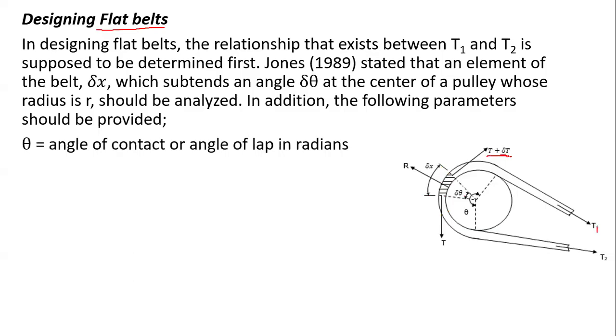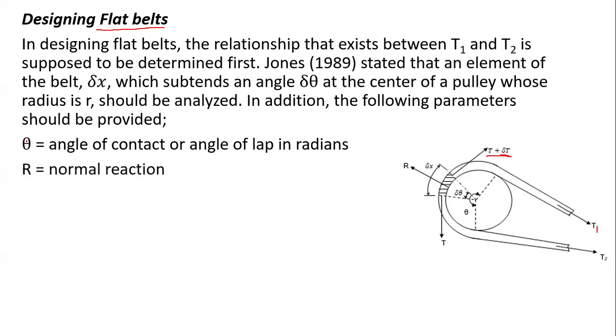So then what are the parameters we're dealing with? First, we have the angle of lap for the whole belt, the angle of contact between the belt and the pulley. This is the angle of contact or the angle of lap. That is the angle we call theta.